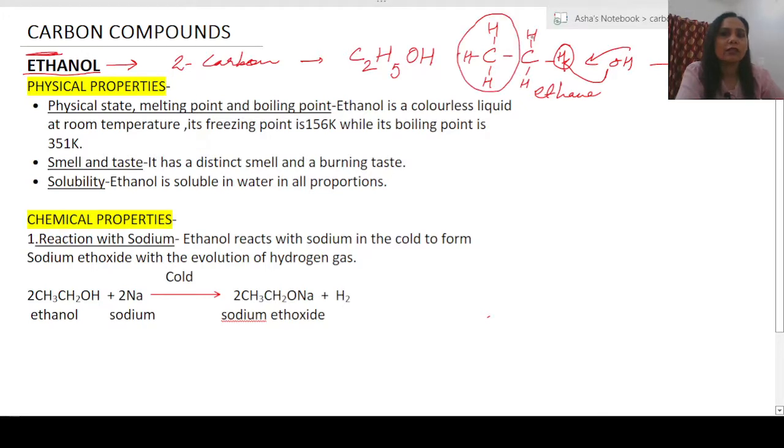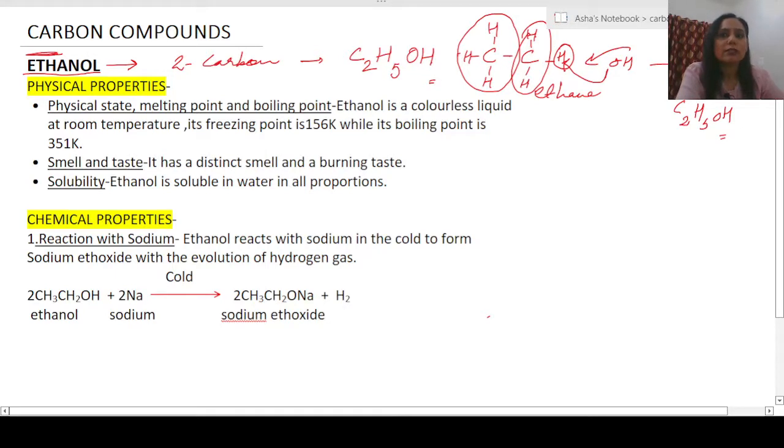Here it is CH3, here it is CH2, and then this OH. So this is the formula of ethanol, which can also be written as C2H5OH.